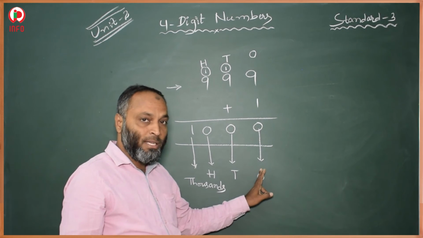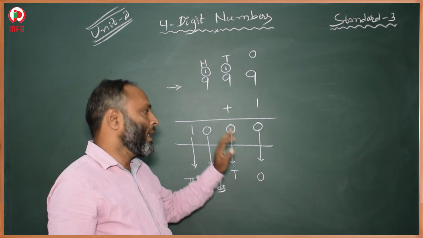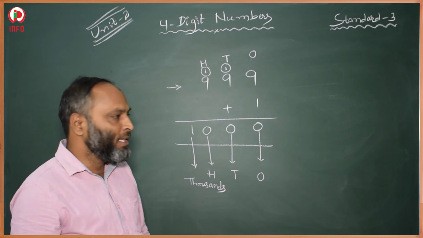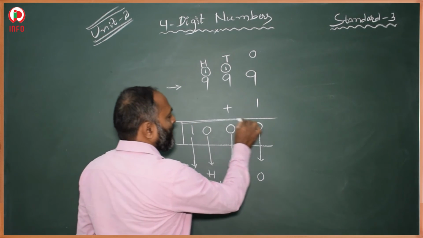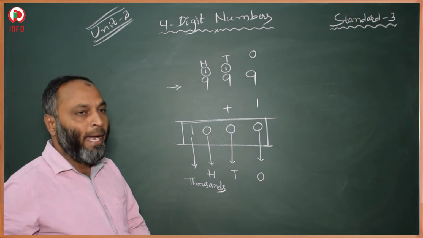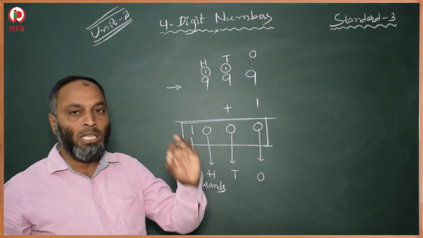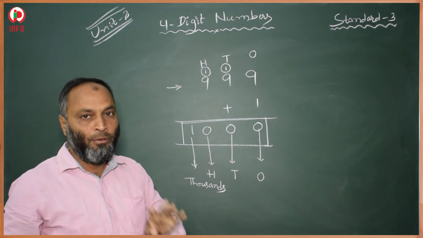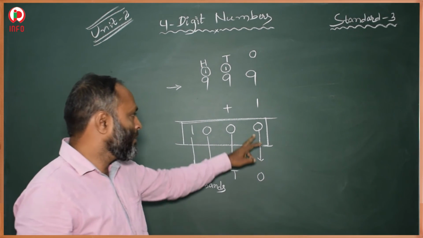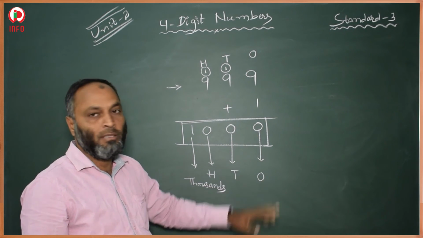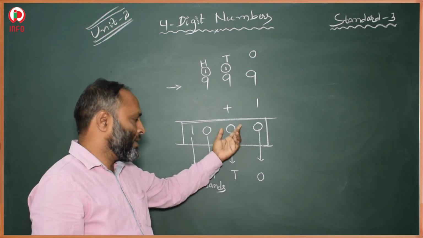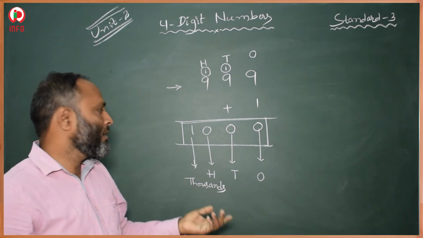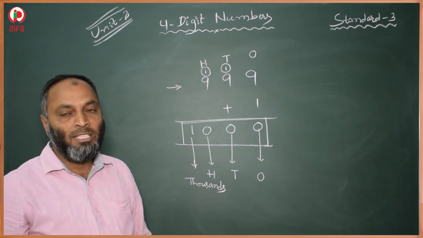The first place is ones, second is tens, third is hundreds, and the fourth is thousands. So this is a 4-digit number. When we add 1 to the largest 3-digit number, it converts into a 4-digit number, like this: 1 0 0 0. The last one, the fourth, the new one we are going to learn, is the thousands place.